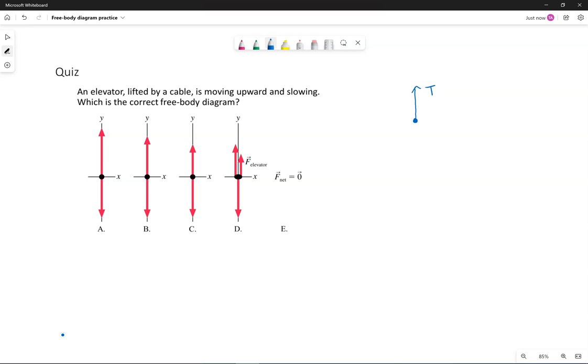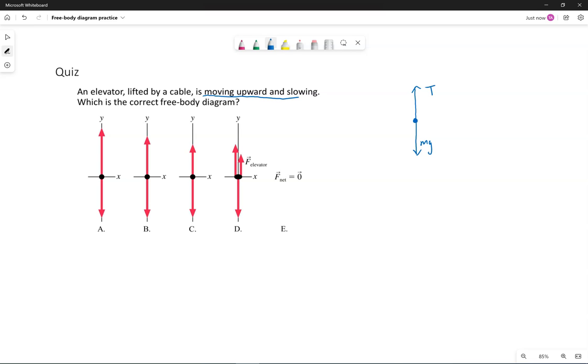So if the elevator is lifted by the cable, that cord or rope has to provide tension upwards. We always have the force of gravity downwards. At the moment, I am not putting any effort into how long I'm drawing these vectors, but I obviously have to consider that when I'm choosing the answer.